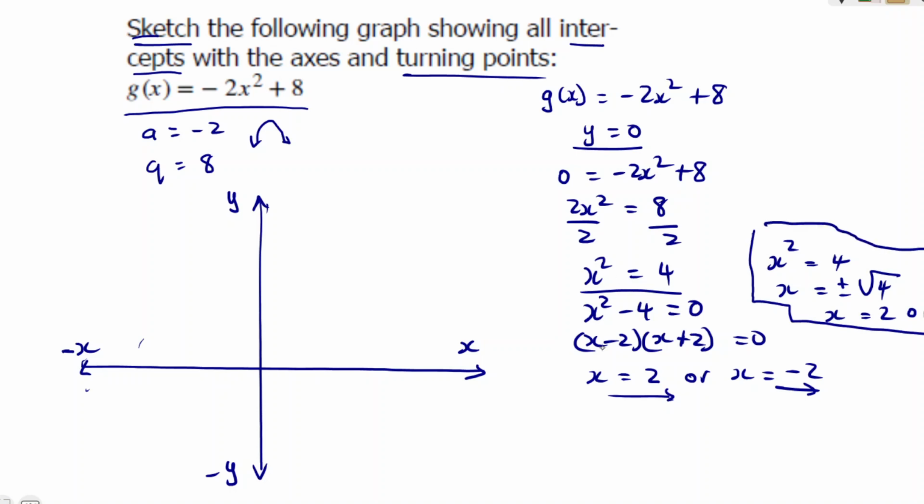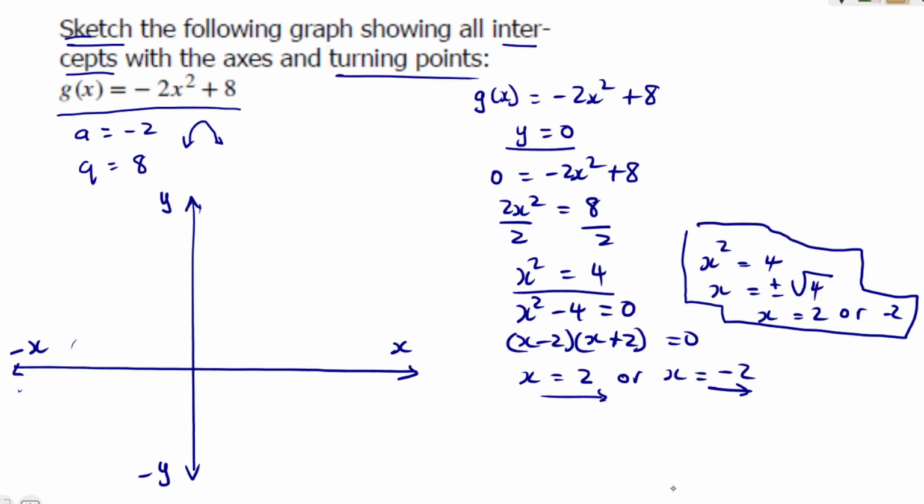Otherwise, you can also do it the longer way if you want. So you can do it this way by just taking the square root to the other side, plus minus square root of 4. It's going to give you a positive 2 or a negative 2. Or you can just factorize this x squared minus 4 to be x minus 2 and x plus 2. Then x is equal to 2 or x is equal to negative 2.